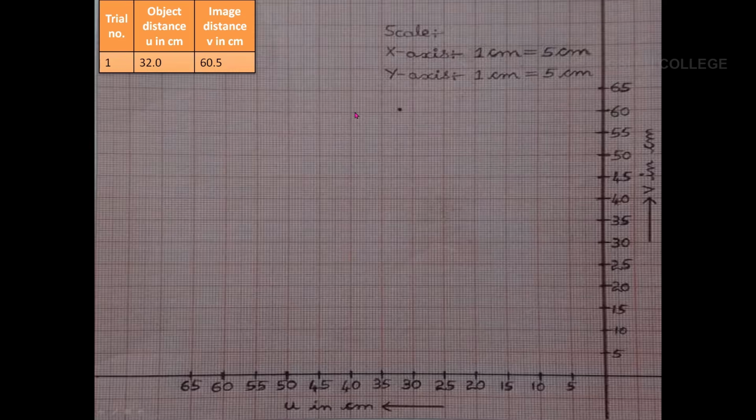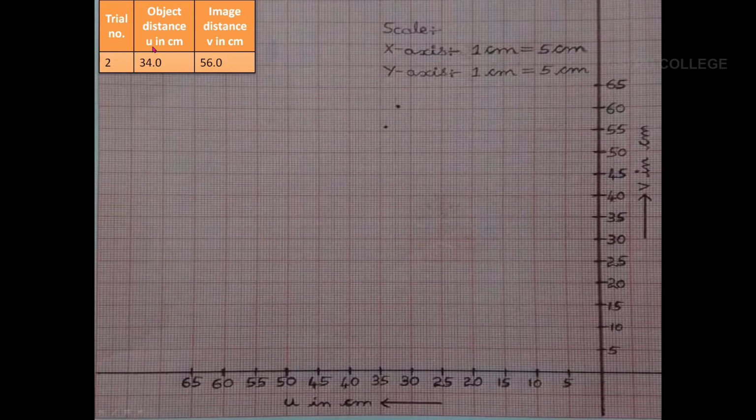Next, for the second reading, the object distance is 34 centimeter and corresponding image distance is 56 centimeters. So this is 34 centimeter. For this, the image distance is 56 centimeter. Here it is.